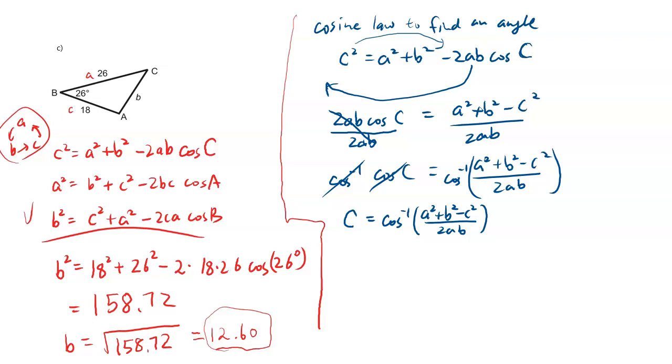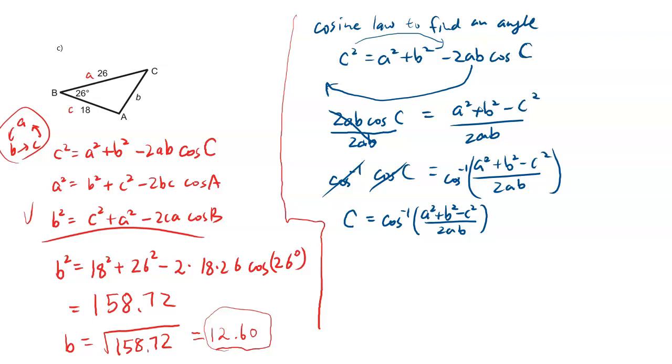You could, in principle, just calculate this as it is with the cosine c unknown, and then you can solve that equation.